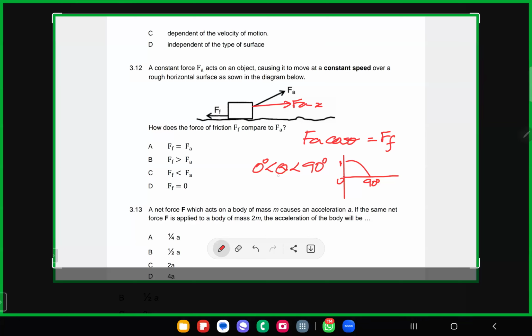Which means if you take any value of theta between 0 and 90, your cos theta value will be less than 1. And Fa times any value less than 1 will be less than Fa itself. So therefore your Ff will be less than Fa. So the answer is C.